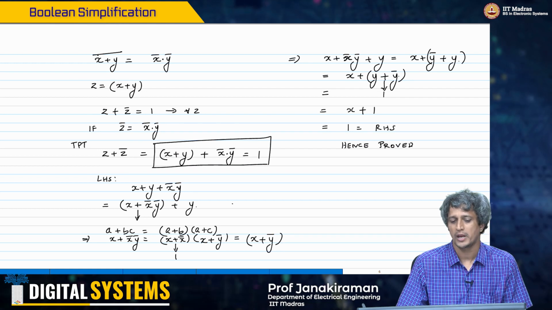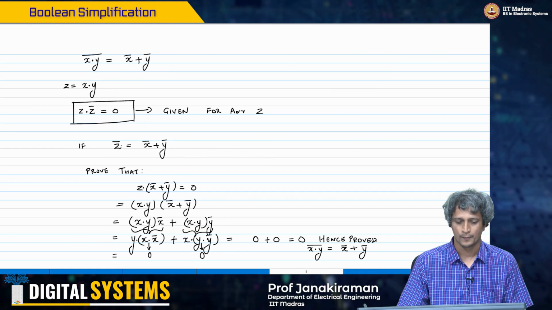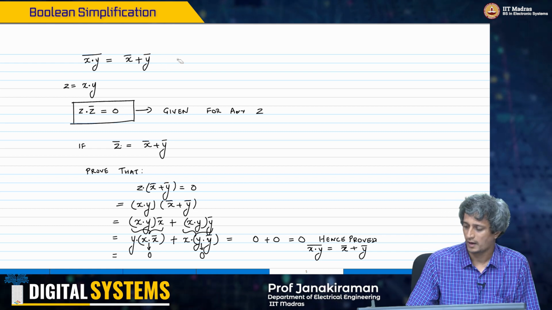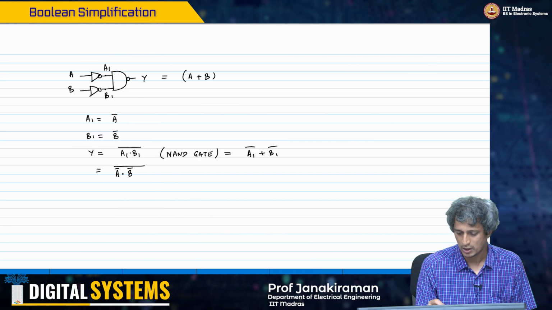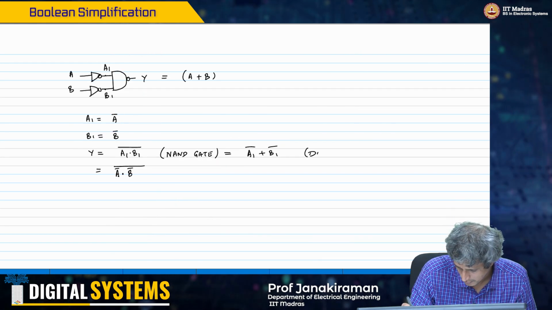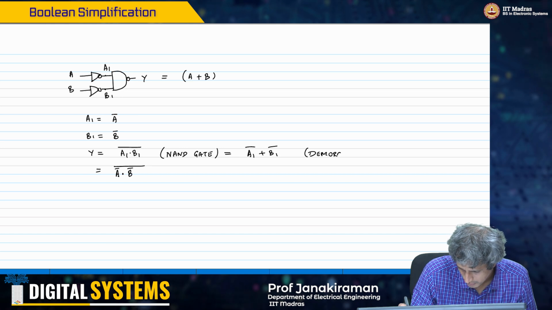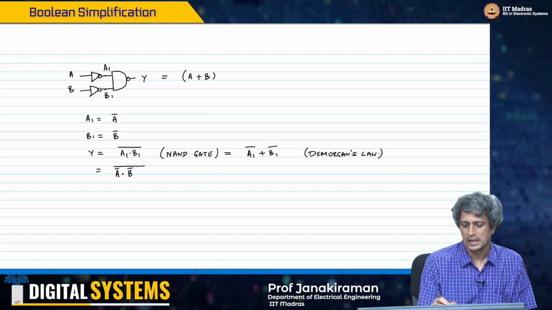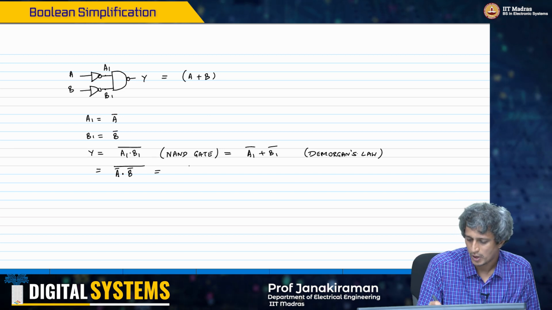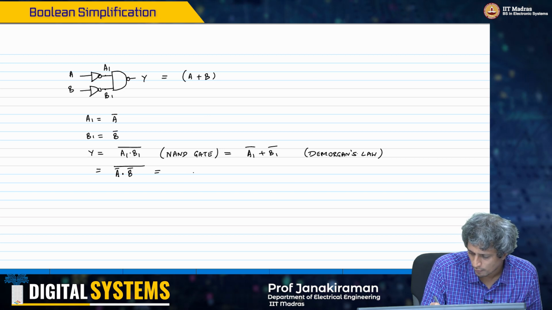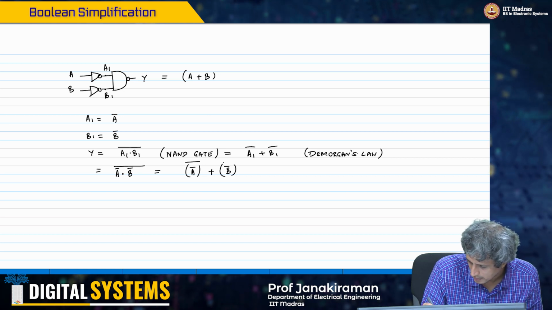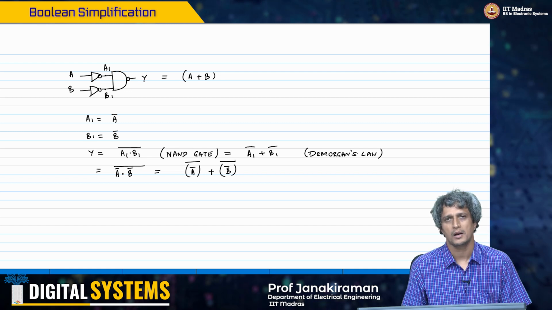We saw that we were able to take X and Y whole bar and convert it to X bar plus Y bar, right? Therefore, by DeMorgan's laws, okay, I can now write this as A1 itself is A bar whole bar plus B bar whole bar.